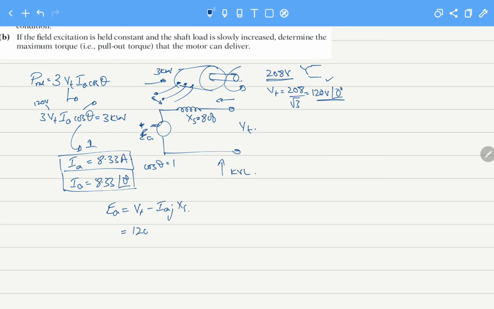The terminal voltage is 120 volts with angle 0, minus IA is 8.33 amperes, angle 0 degrees, and XS is 8 ohms, with the j it is 90 degrees. By solving this, the value of EA that we will get is 137.35 volts with an angle of minus 29 degrees.